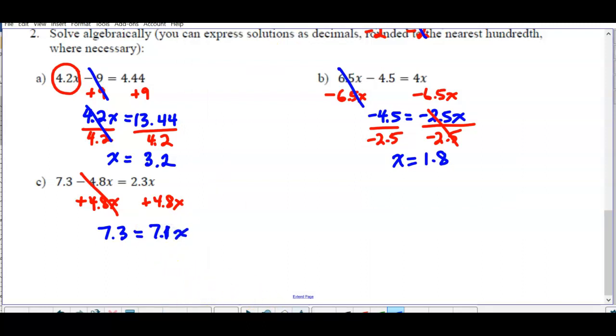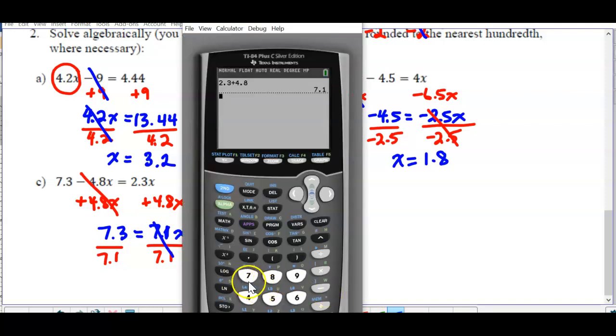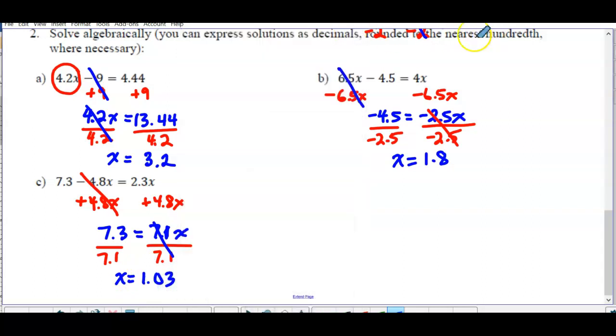Okay, so now we have to divide by the coefficient of x, and those divide out, and then calculator: 7.3 divided by 7.1, and this one we will have to round. It says nearest hundredth, so that's going to be 1.03.